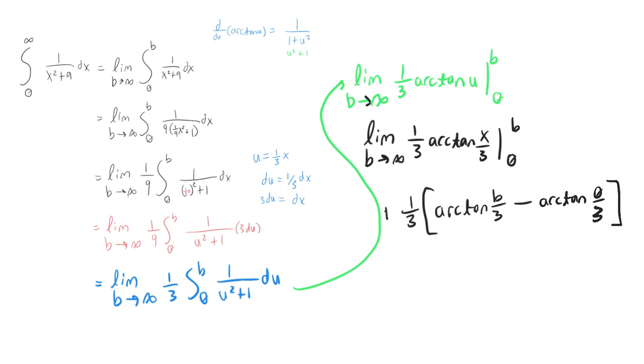And it's still the limit right there. So if you were to plug in infinity for b, it would become 1/3 arctan of infinity over 3 minus arctan of 0.